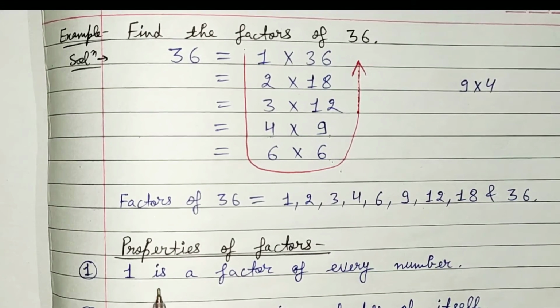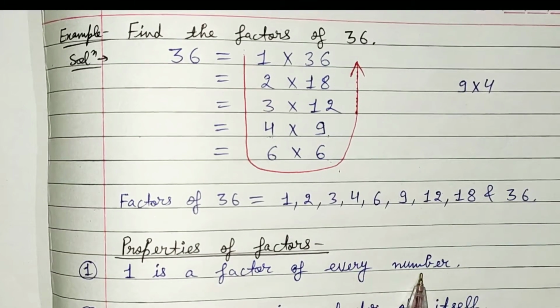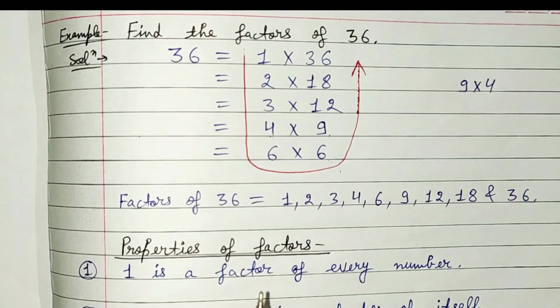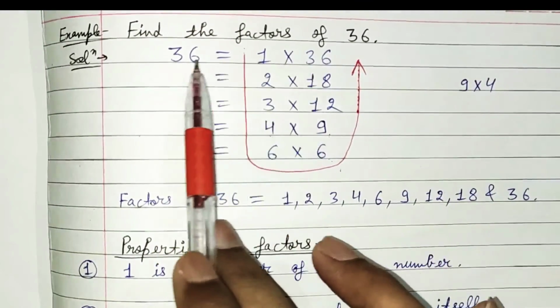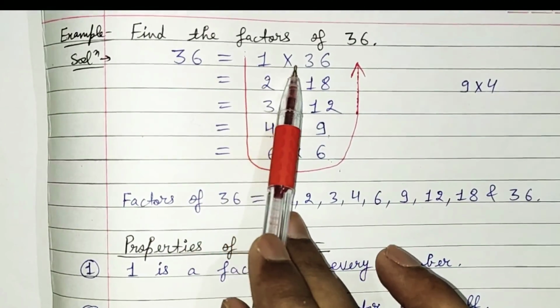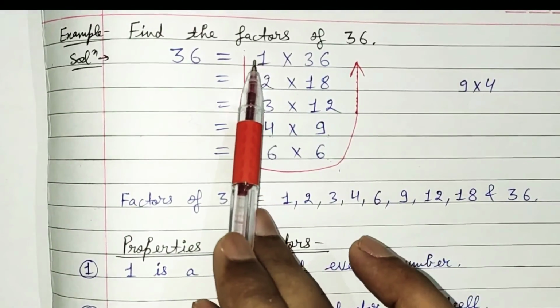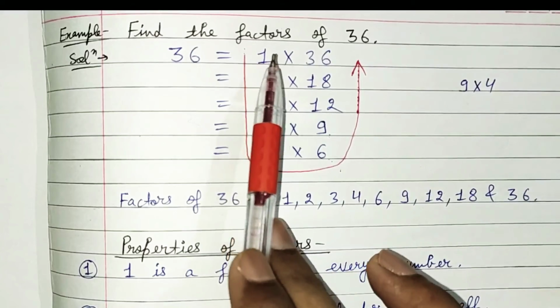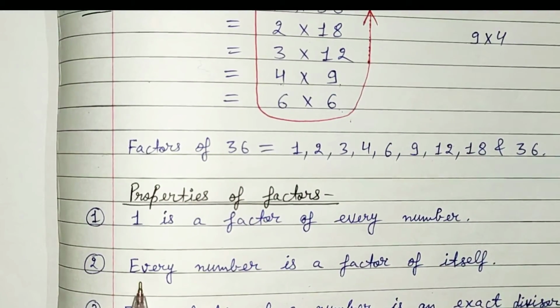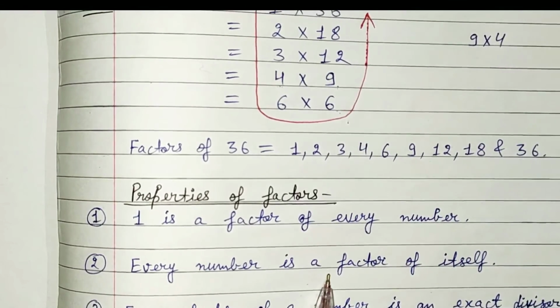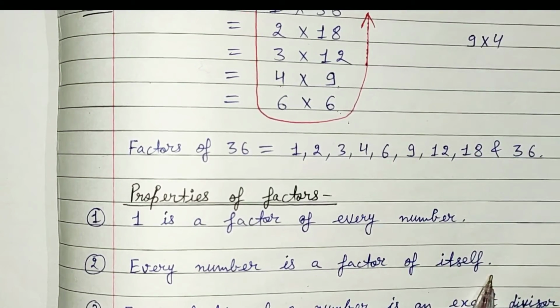Meaning the 1 that you have is a factor of every given number. You can see in this example also, 1 into 36, meaning 1 is always there in every number.